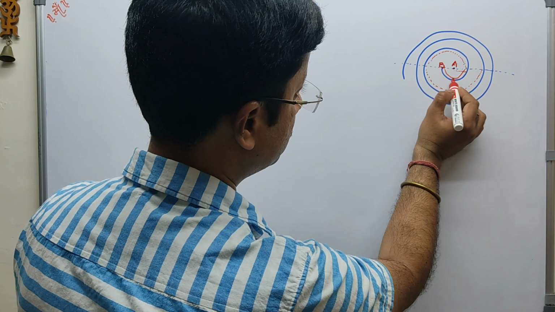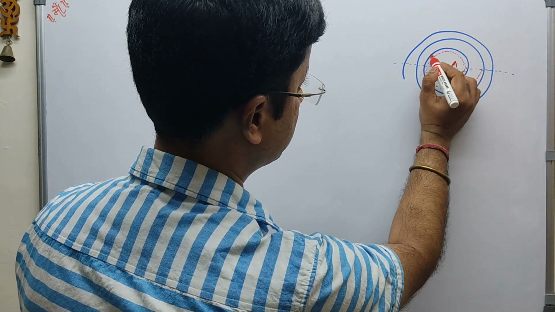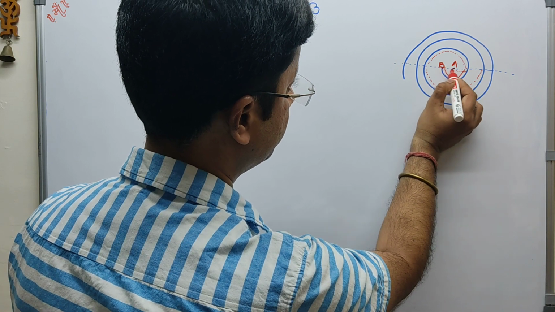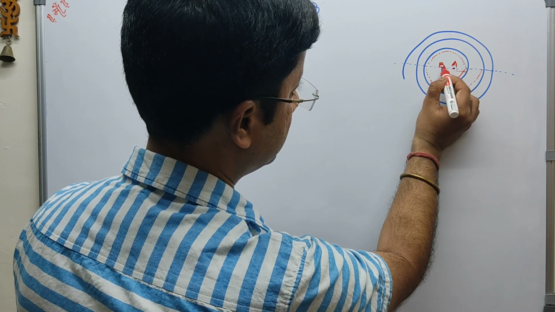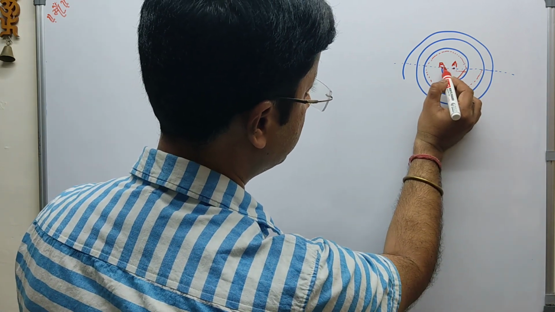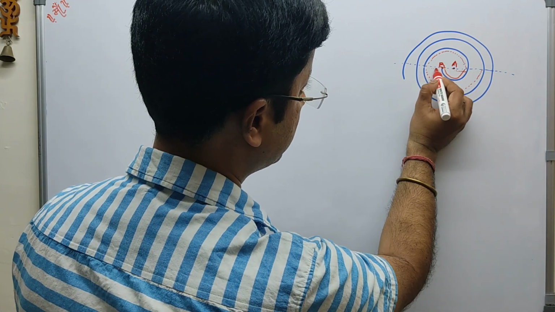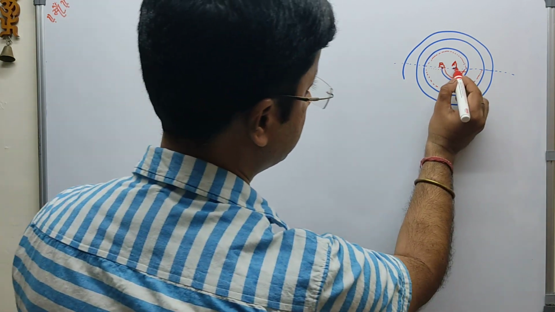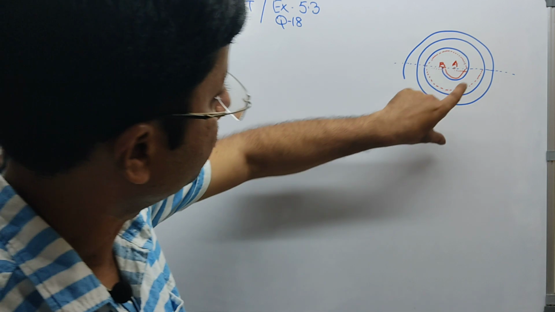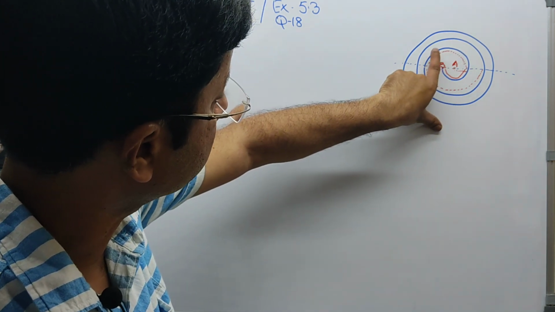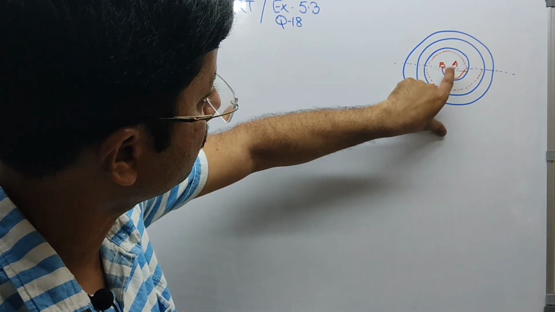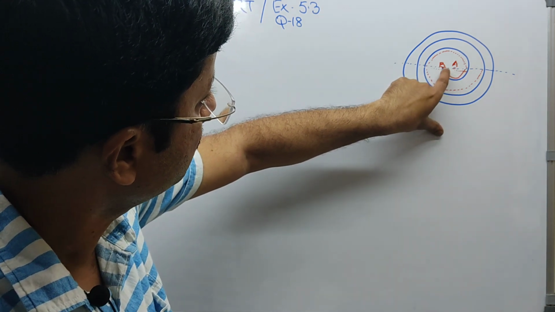Now when it comes to the bigger semicircle, the center becomes this. Why is the center this? Because the radius has increased. Here the radius is small, but when we again make the spiral, the semicircle becomes bigger, and then the center also changes from A to B.